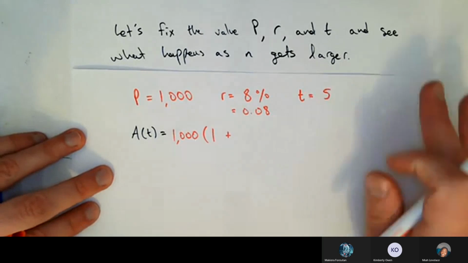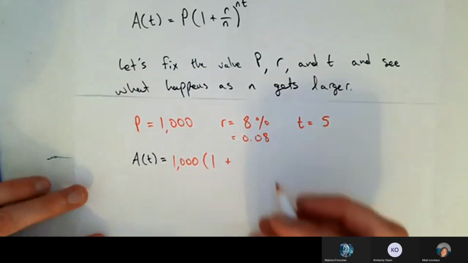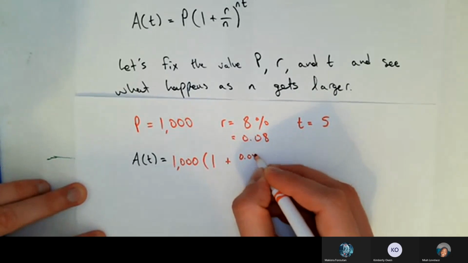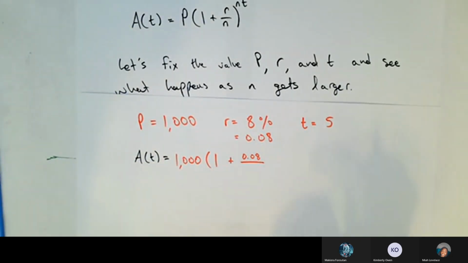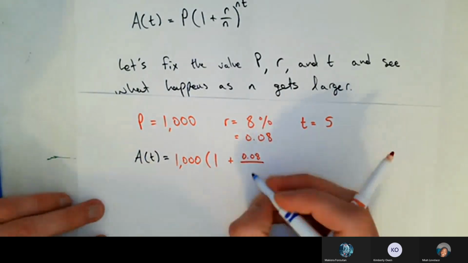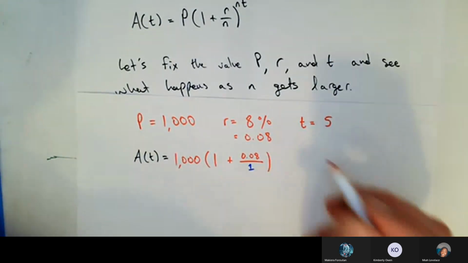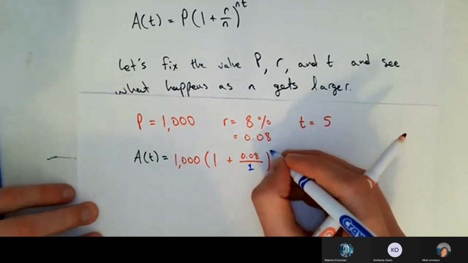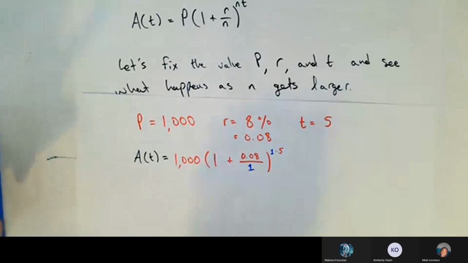That's how you get it as a decimal. Sorry, I'm trying to keep that formula on the page. Okay, so I'm going to say 0.08 over, and I'm going to let n be 1, right? Let's just start at n equals 1. So there's my 1. And then up in the top, I'll have n, which is 1, times t, which is 5.